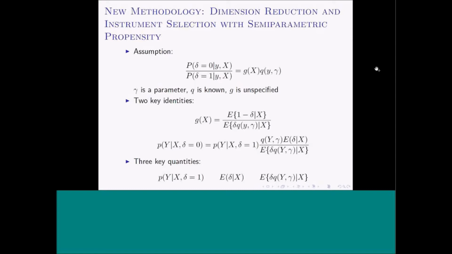So if I want to do dimension reduction on the conditional density of y given x and delta equal to 0, how do we do it for that piece? Well, because this piece is a function of the three pieces listed in the last line, if I'm able to do dimension reduction on those three pieces, then I'm done. I want to find a function of x on which the left-hand side only depends.